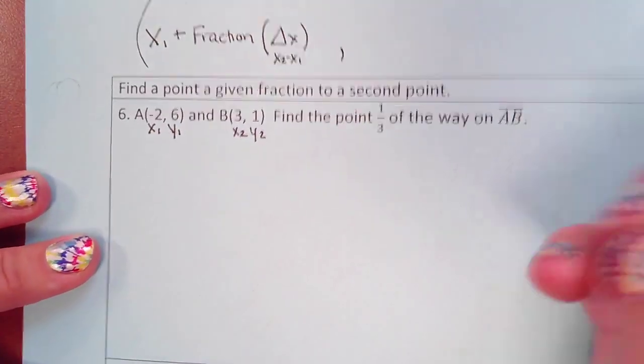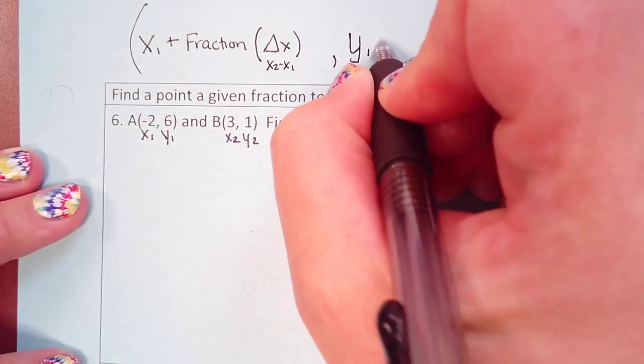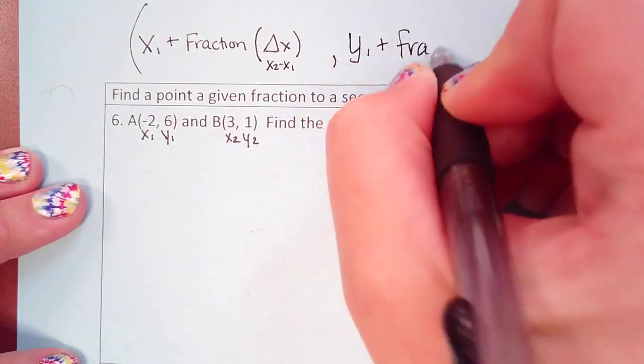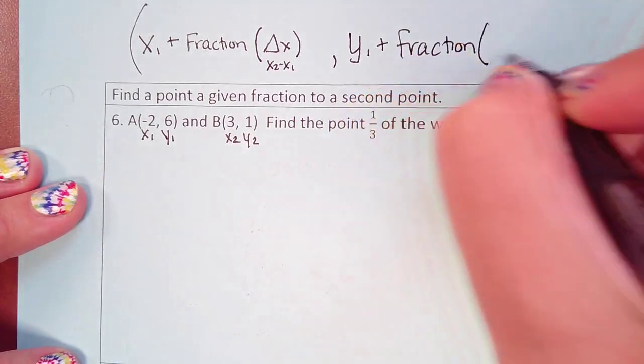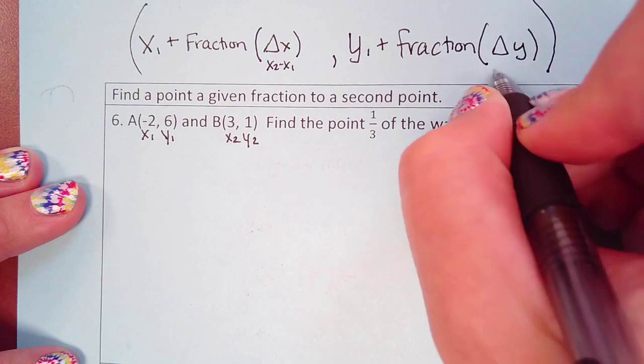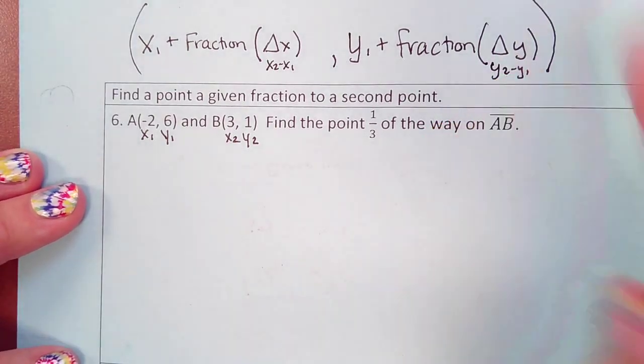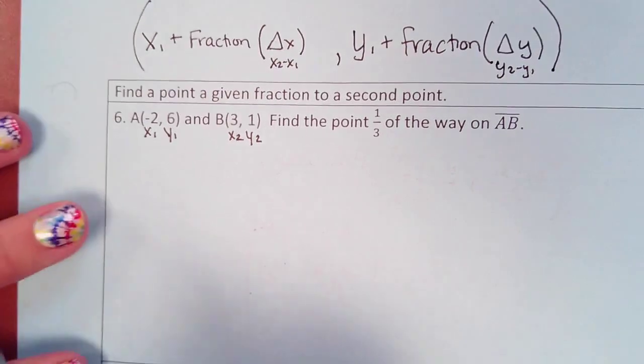And then for the y coordinate, it's the same. So y1 plus the fraction times your change in y's. So that's y2 minus y1. Order matters here.